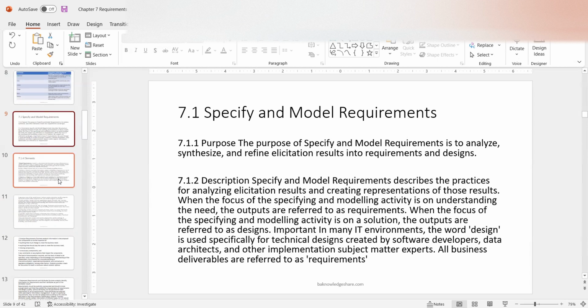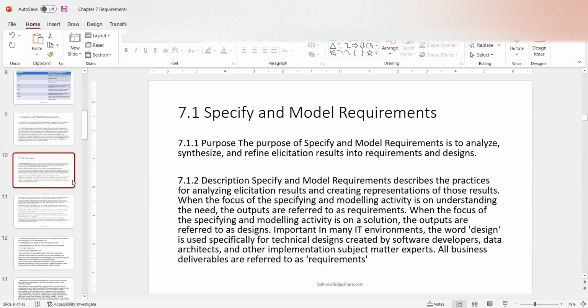The reason she's doing this is so that she can have a useful representation of those requirements. She's able to analyze, synthesize, and refine those elicitation results, and use that to understand gaps, as well as to present the requirements.